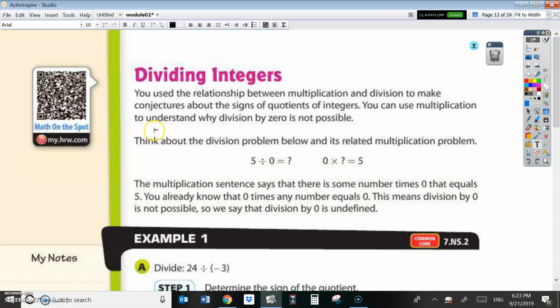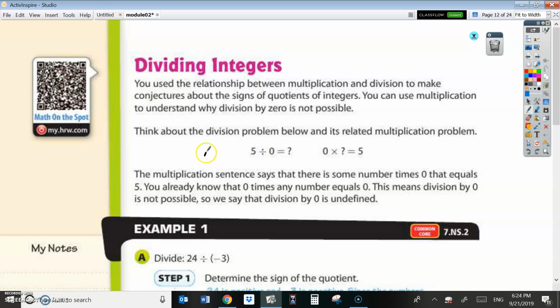You can use multiplication to understand why division by 0 is not possible. Think about the division problem below and its related multiplication problem. So 5 divided by 0, 0 divided by 5, 0 times, can that work? No. Nope.